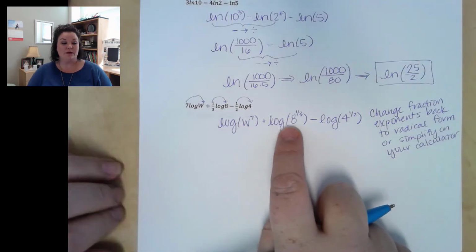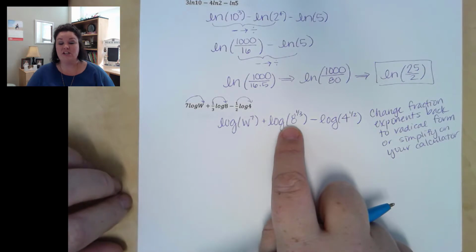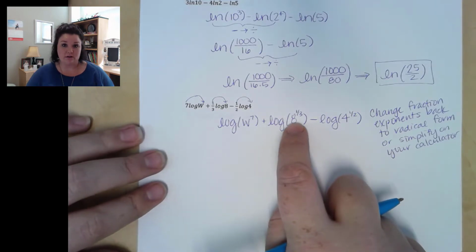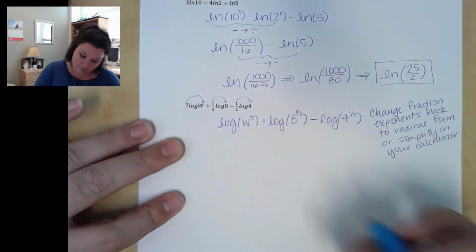I'm going to show you how to do it by changing it back to radical form, but you can also just raise 8 to the 1/3 power on your calculator if you prefer. All right, so I'm going to rewrite it.